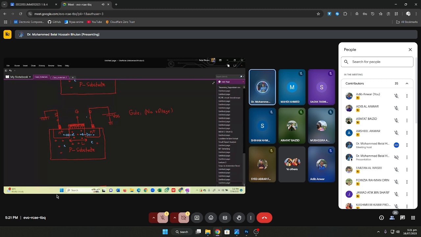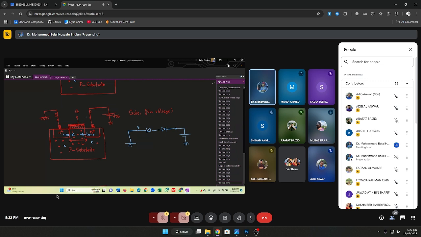Right? So now if I draw the complete circuit, it should look like this. Start from here, the ground. Then it's connected to the source, then to a diode, then to another diode from the channel, and then to the drain, which is connected to the DC voltage source.